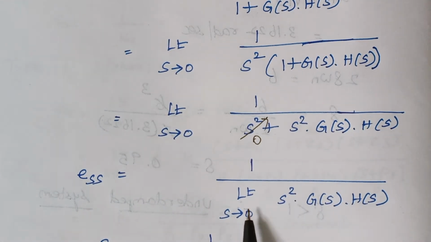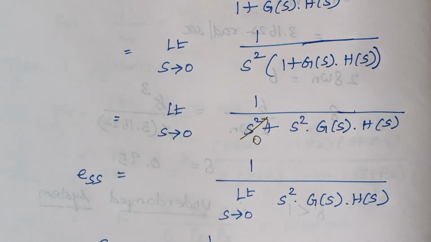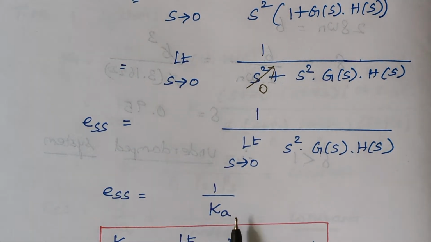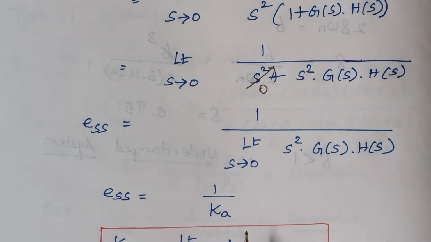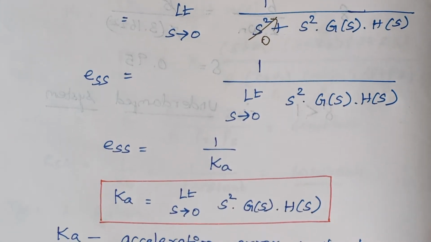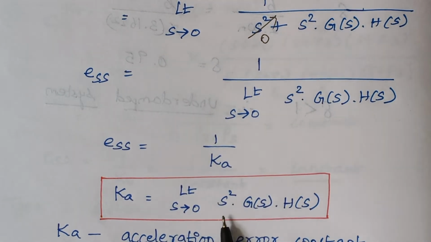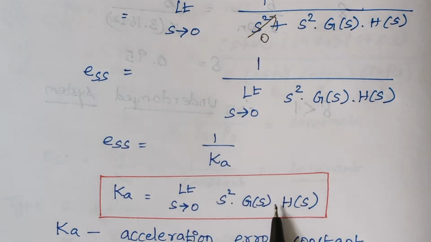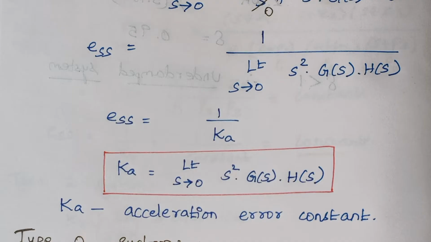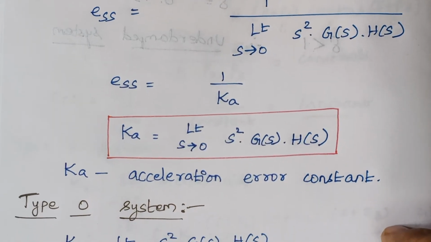This term, limit s tends to 0 of s square into G(s) into H(s), is replaced by a single term known as Ka. Ka is nothing but the acceleration error constant. So the value of Ka is limit s tends to 0 of s square into G(s) into H(s).